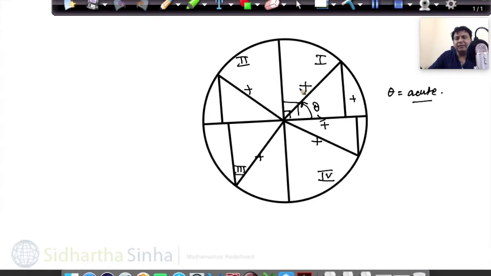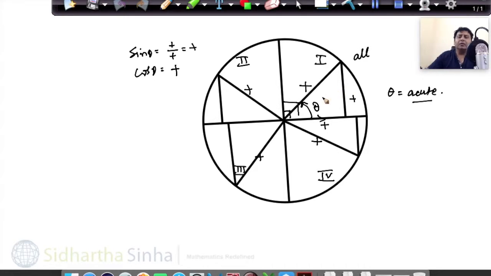Sine theta is perpendicular upon hypotenuse, positive upon positive, so positive. Cos theta, base upon hypotenuse, positive upon positive, so positive again. Whatever ratio you write, tan theta, p by b, positive. That's why all trigonometric quantities in the first quadrant will be positive.